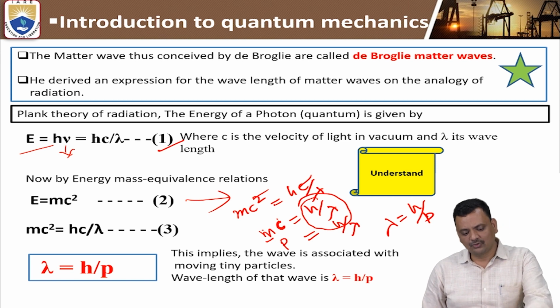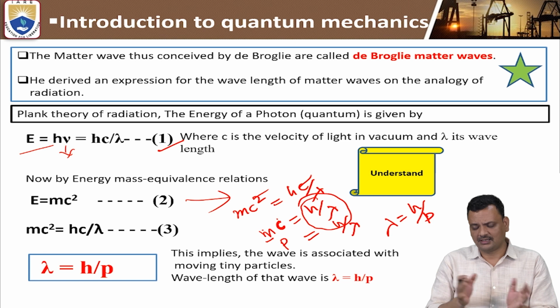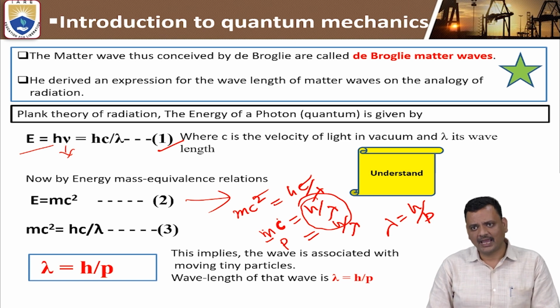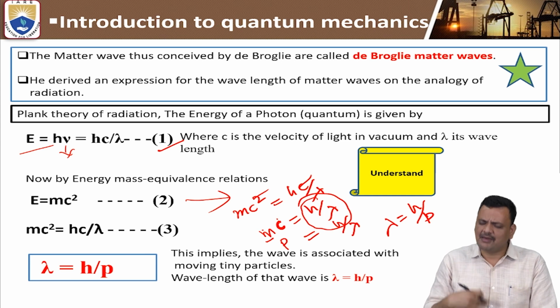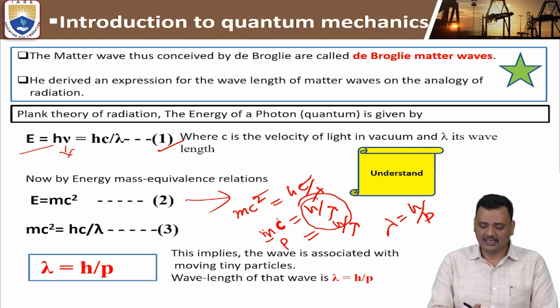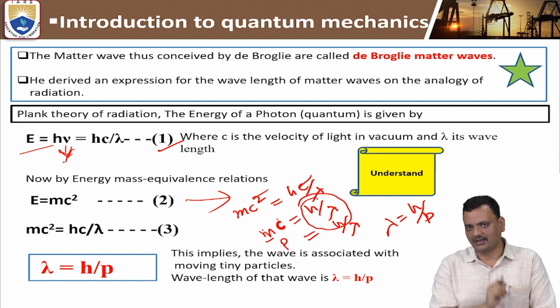So he used the equation which was already used during the explanation of radiation, and the same formula he used to produce the wavelength formula for matter wave. Here all of this is used for quanta, photon.